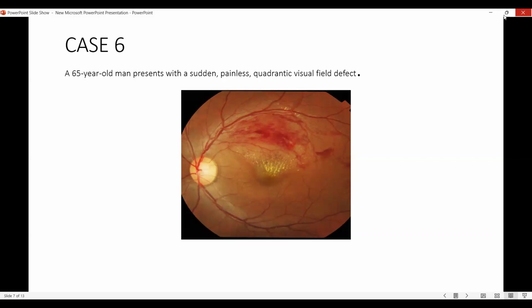What are the contraindications of anti-VEGF? So, recent history of a stroke.